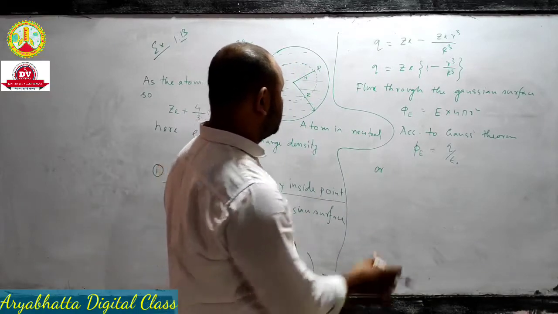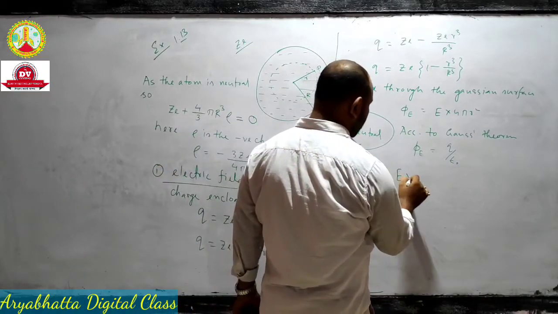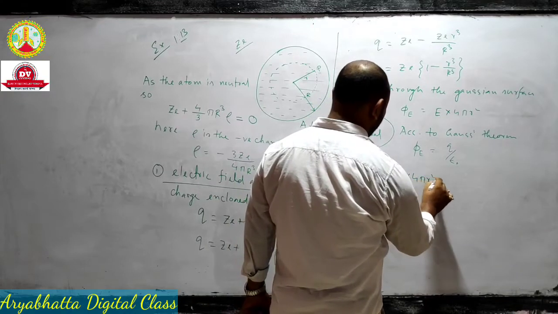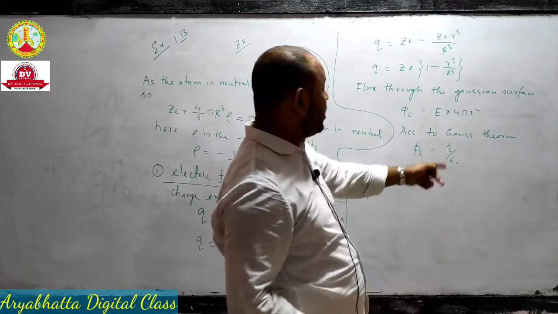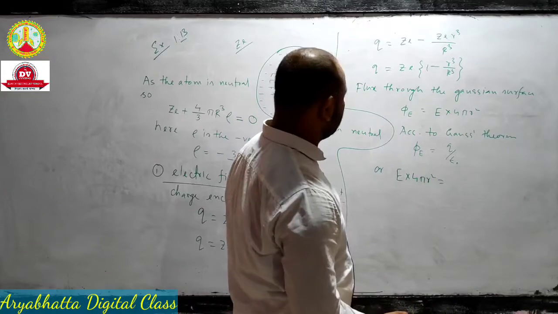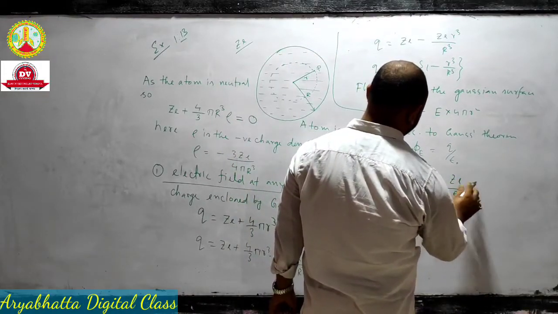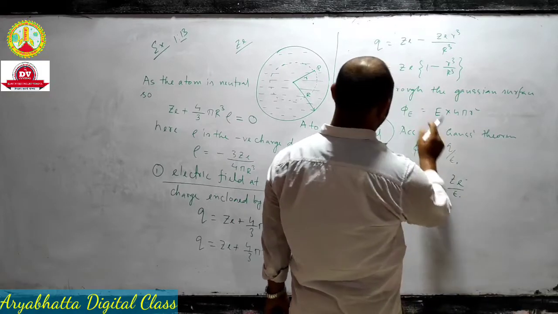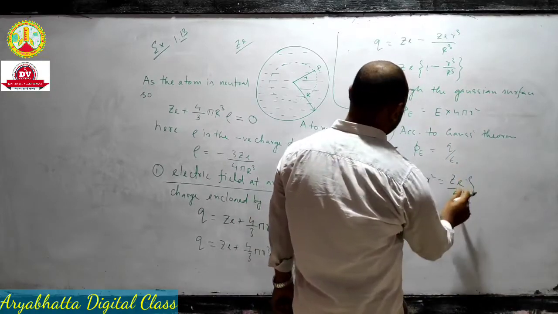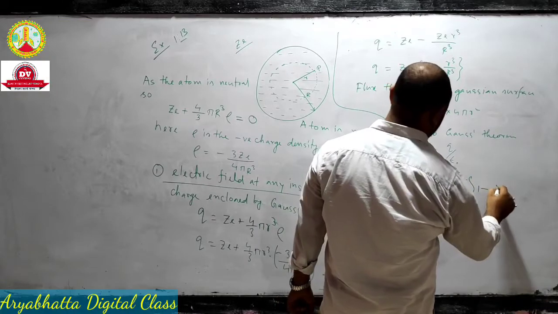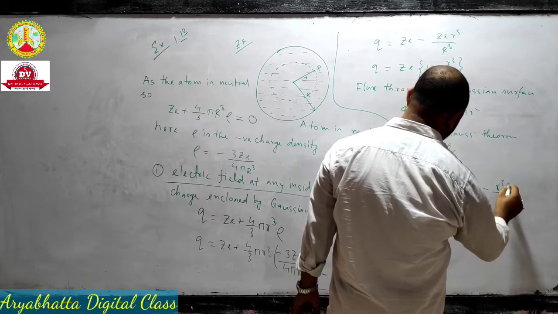Phi E is how much? It is E into 4 pi r square, and Q is what? Q is the charge enclosed by Gaussian surface, which will be equal to ZE divided by epsilon naught. Okay, Q is ZE. This is epsilon naught into 1 minus r cube by R cube.